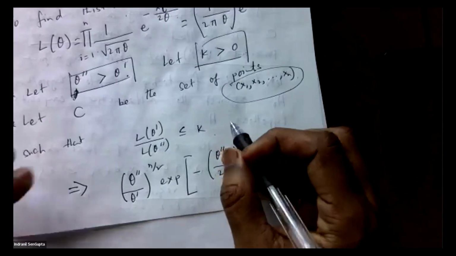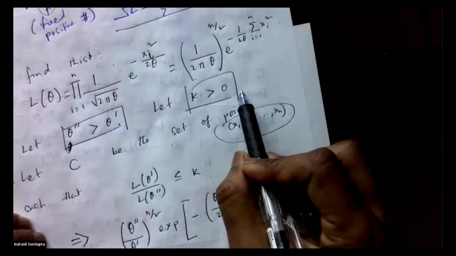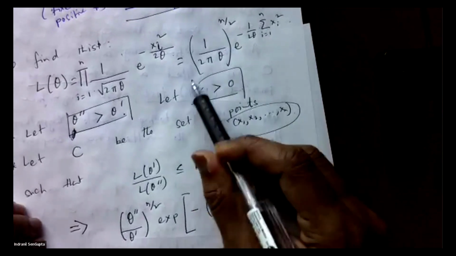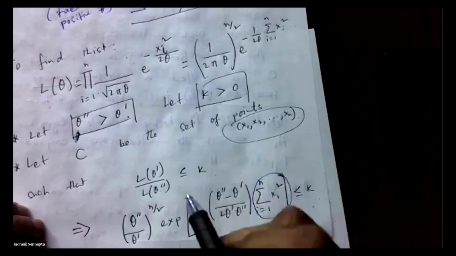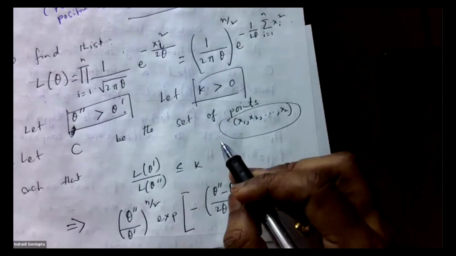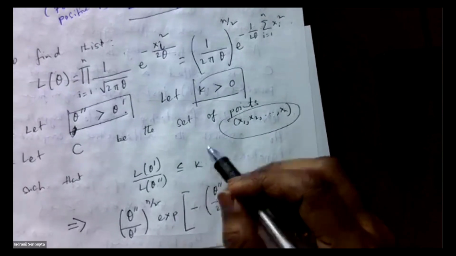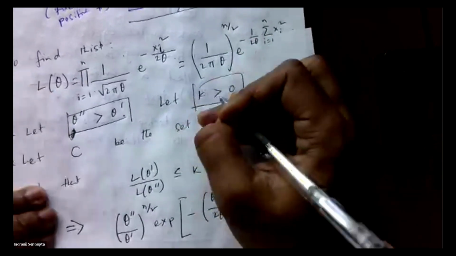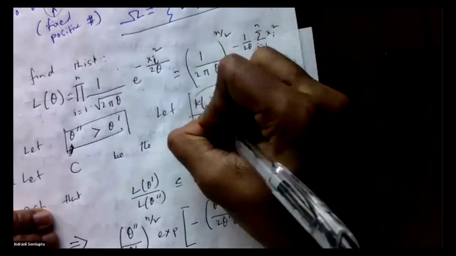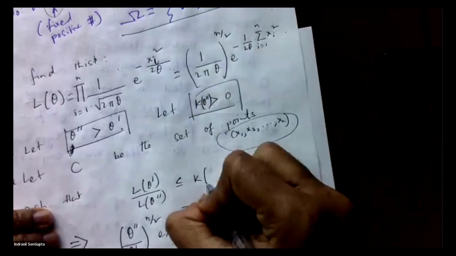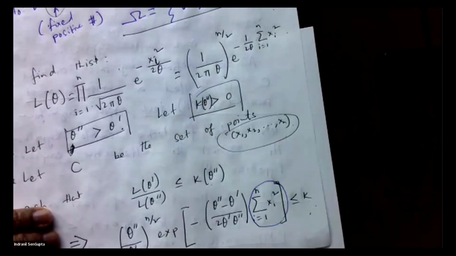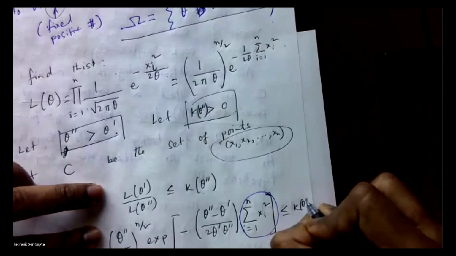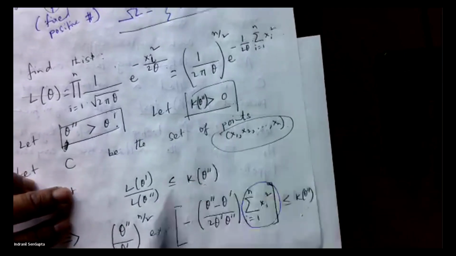As long as you're finding a constant which is bigger than 0, you're fine. So I can take this constant dependent on anything I want. For example, I can take it as a function of theta double prime. So let's write here theta double prime, as long as it's a positive number.